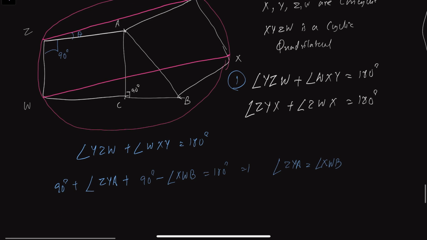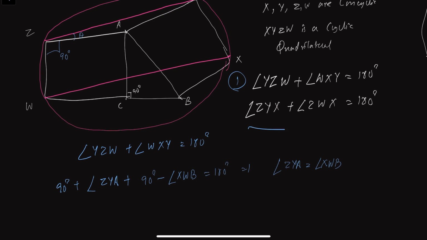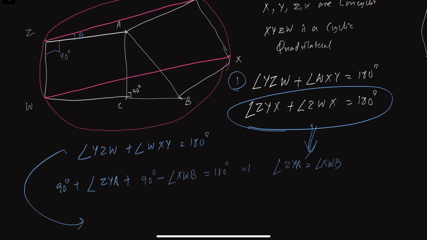In the same way for the first one, angle YZA plus 90 degrees plus 90 degrees minus angle WXB is 180 degrees. That means angle YZA equals angle WXB.